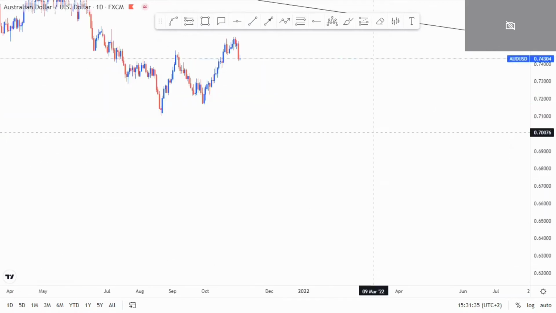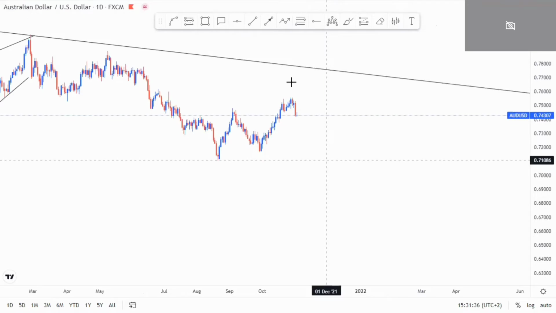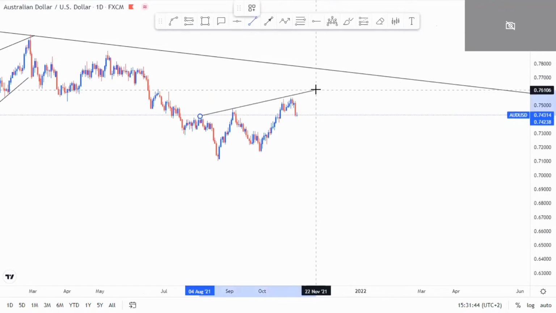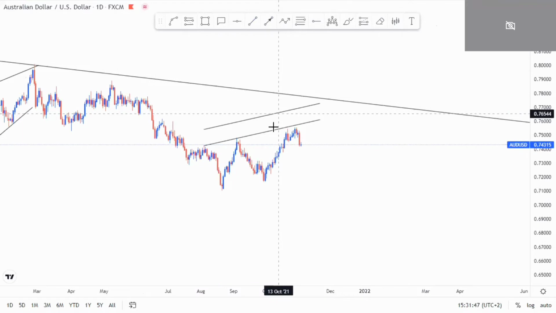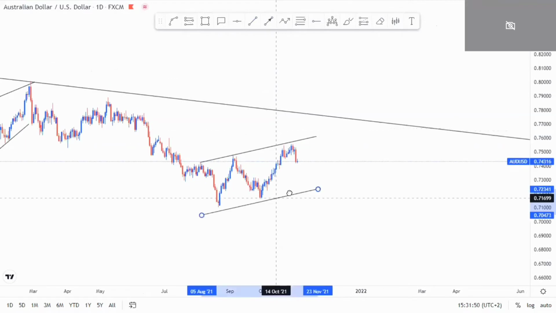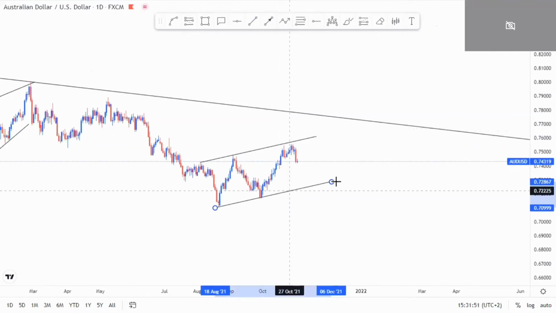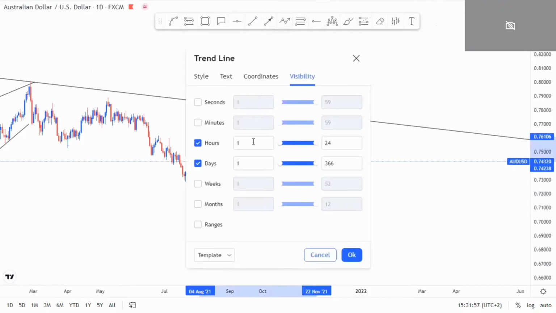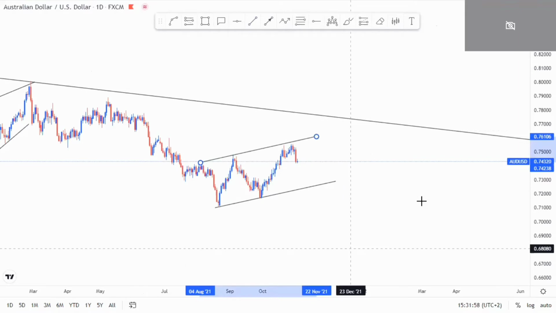Now let's look for the entry, focusing on this piece of price action over here, and I identify this as an ascending pattern, reversal pattern, cloning it, and I see that it is indeed a channel, bullish channel, and I'll just leave it like that.